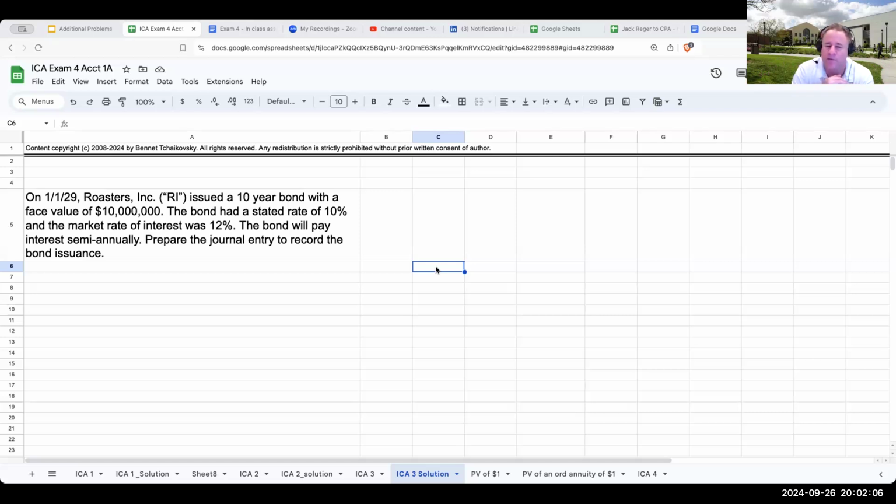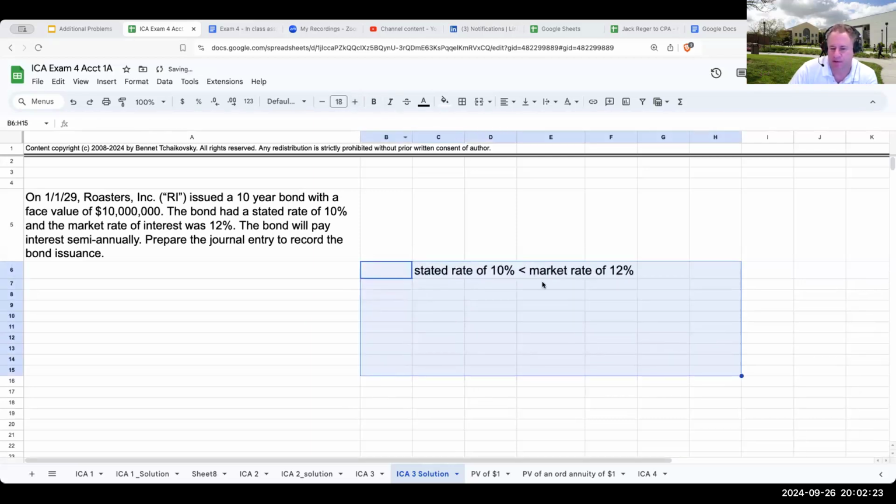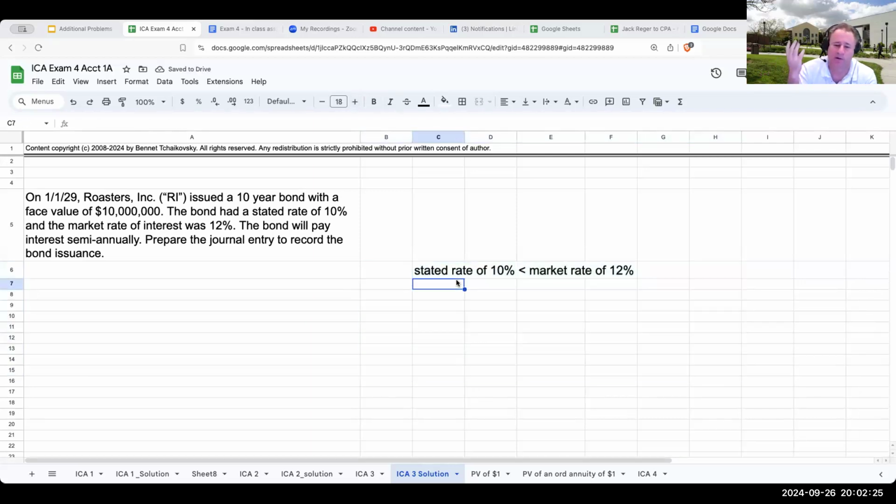However, when it comes to bond pricing, we have a stated rate of 10%, which is less than the market rate of 12%. So when we look at a bond's pricing, we have to see whether anybody will want this bond. If I can earn 12%, would I rather earn 12% than 10%?